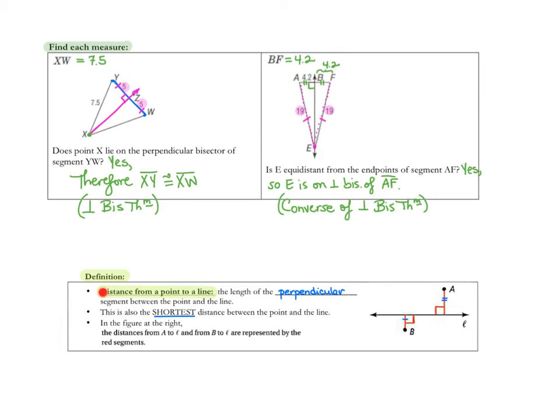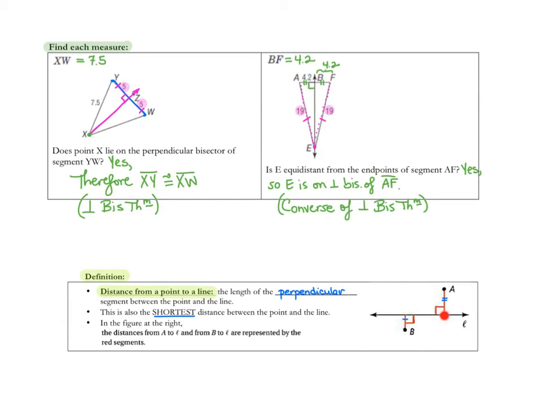So the way that the distance from a point to a line is defined, it's the length of the perpendicular segment between the point and the line, which corresponds to the shortest distance. So again, if I asked you how far away point A is from L, you would measure the perpendicular distance here. Or if I want to know how far B is away from L, it would be that perpendicular distance.